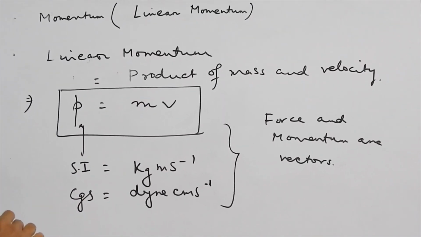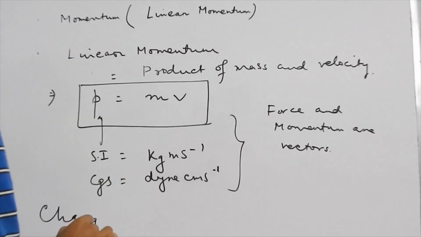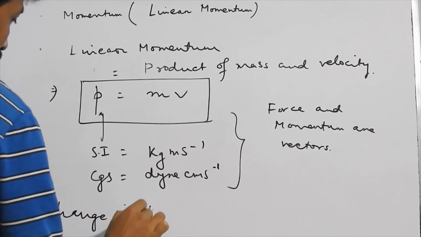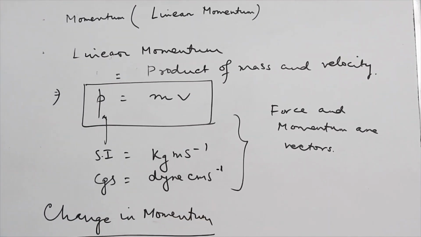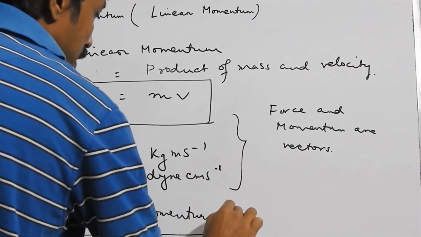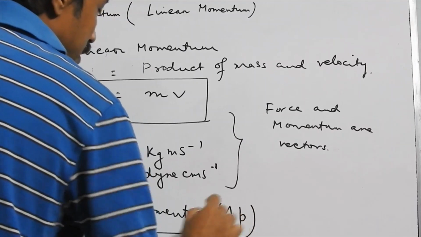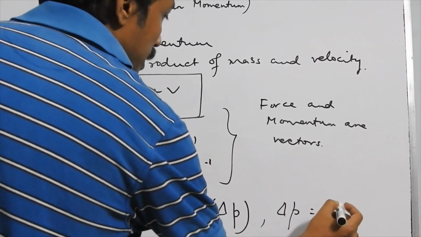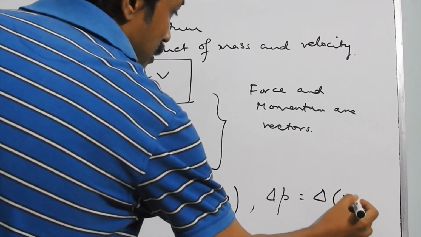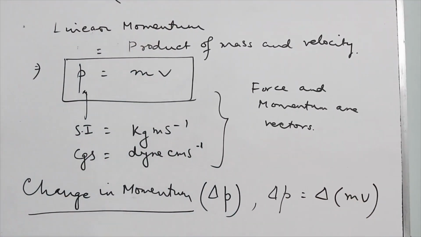So if you consider change in momentum, let me denote the change in momentum by the symbol delta p. Then this change in momentum is actually the change in the product of mass and velocity.